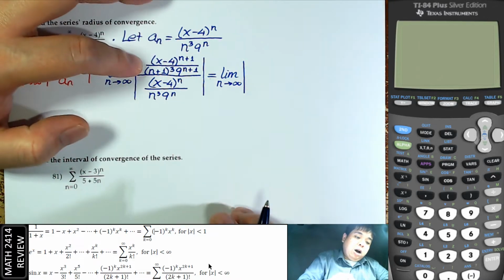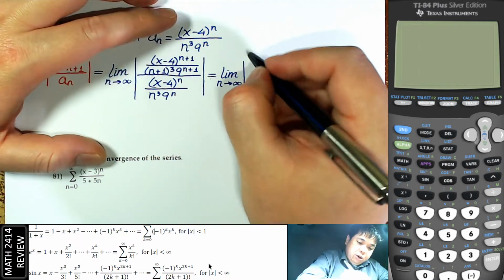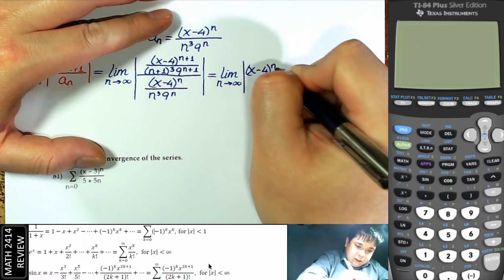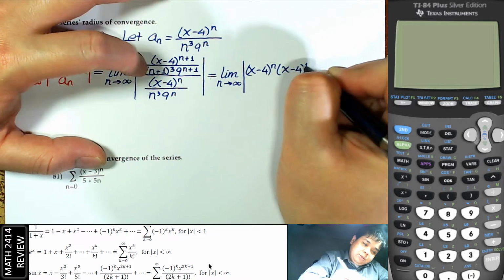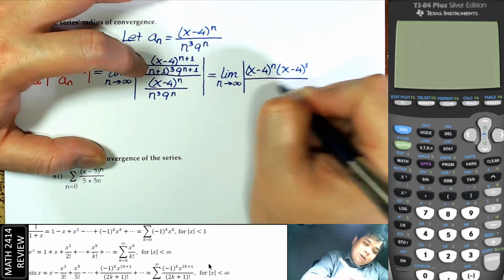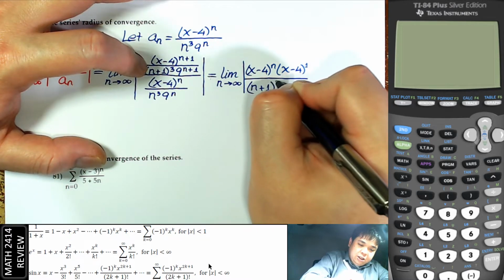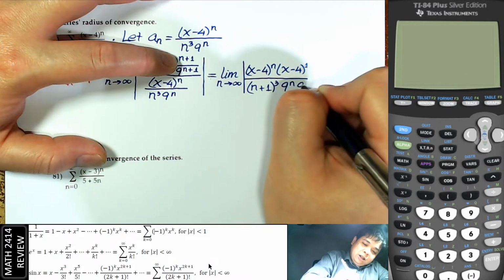Now, dividing is multiplying by the reciprocal, and x minus 4 to the n plus 1 I will split as x minus 4 to the n and x minus 4 to the first. The bottom, n plus 1 cubed, this one we cannot split. The 9 to the n plus 1, we can do that, 9 to the n, 9 to the first.